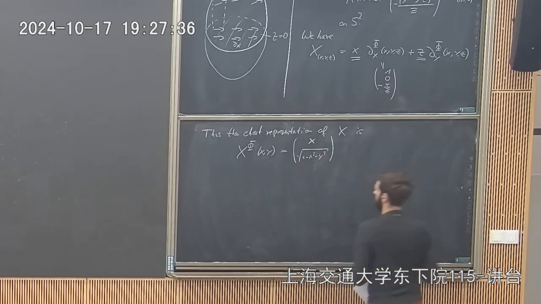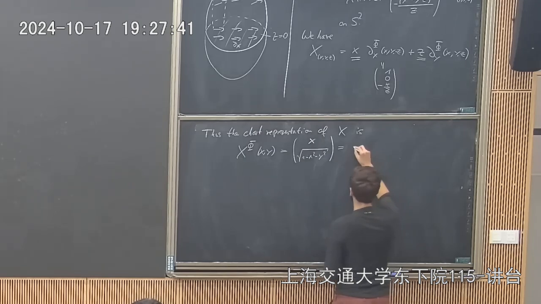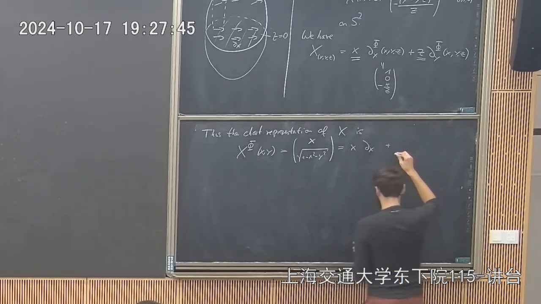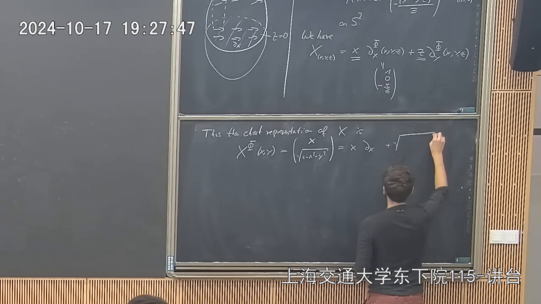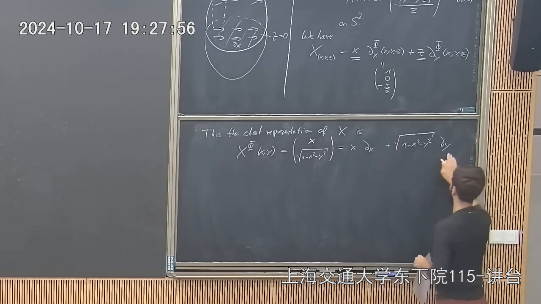So if you think of that as a vector, but perhaps it's a bit more convenient to write it like this, divided in terms of dx and dy.